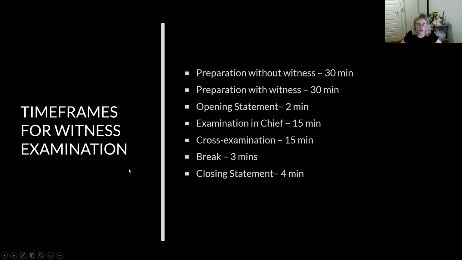For each of the elements of the actual rounds, you have 30 minutes of preparation initially, once the problem is released to you.